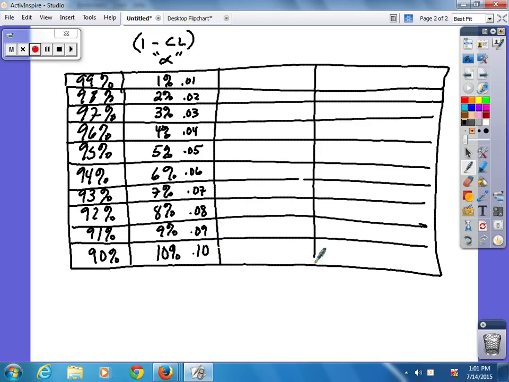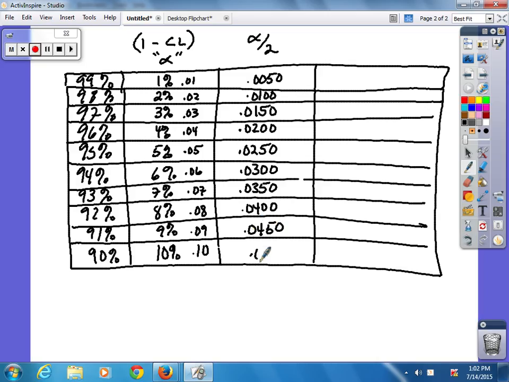The next column is alpha divided by 2. 0.005, 0.01, 0.015, 0.02, 0.025, 0.03, 0.035, 0.04, 0.045, and 0.05.